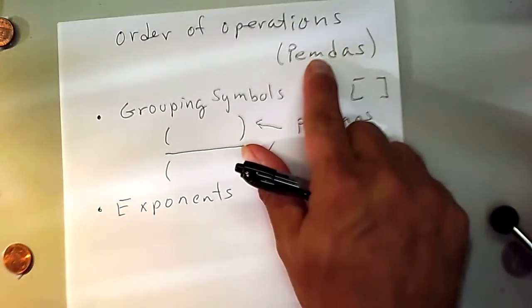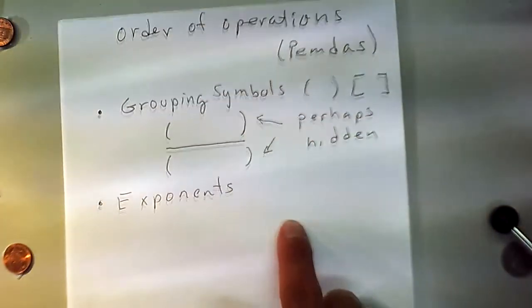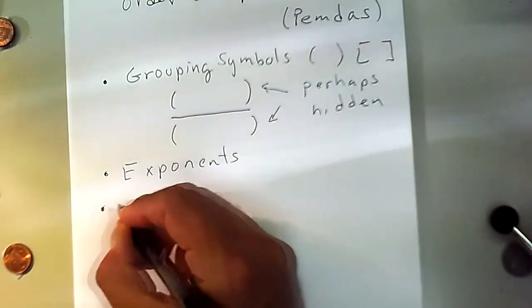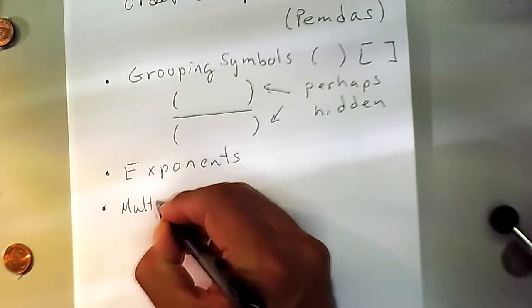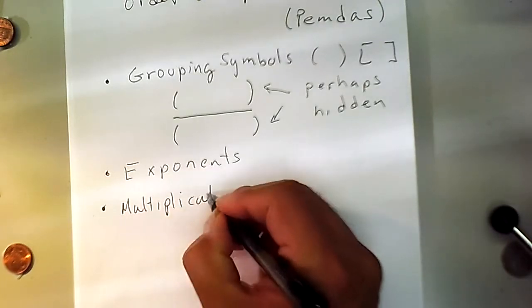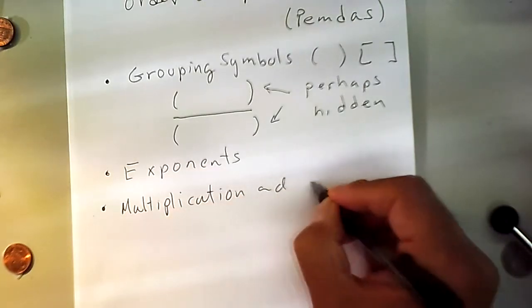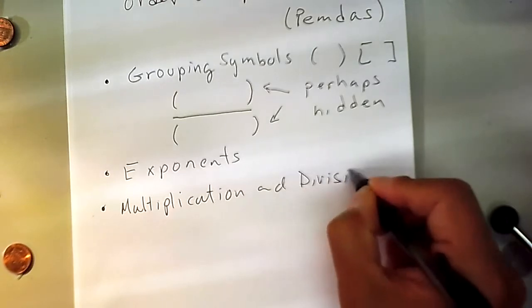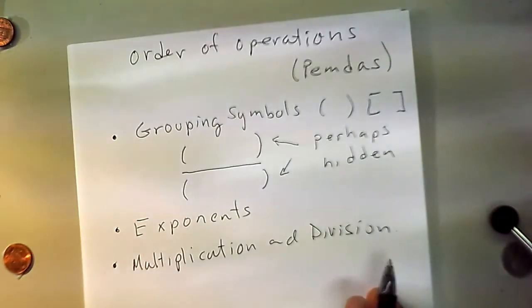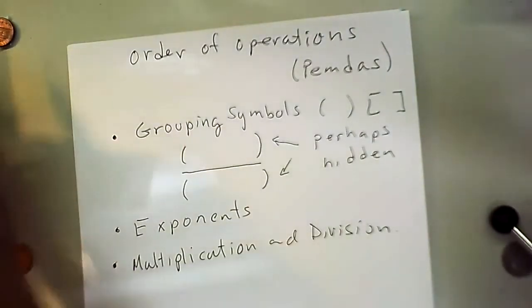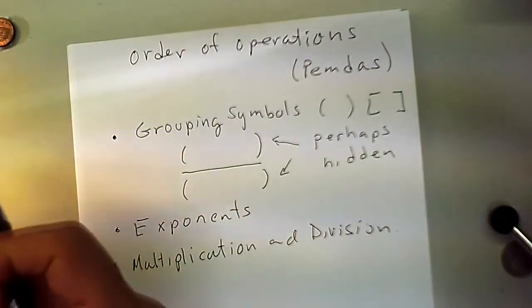Okay, now I want to talk about multiplication and division. Multiplication and division have the same priority. But I have to elaborate on this. Let me give you another example.